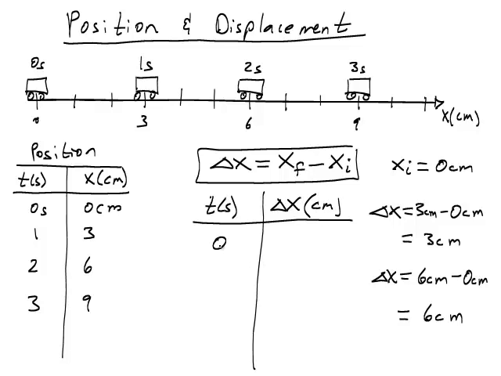At 0 seconds, my final position would be 0, my initial would be 0, so I'd gone 0 centimeters. We just saw that at 1 second, I was displaced 3 centimeters. At 2 seconds, I've been displaced 6 centimeters. And at 3 seconds, we've been displaced 9 centimeters.